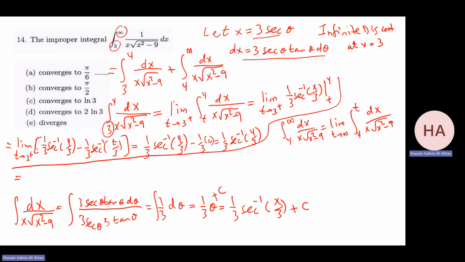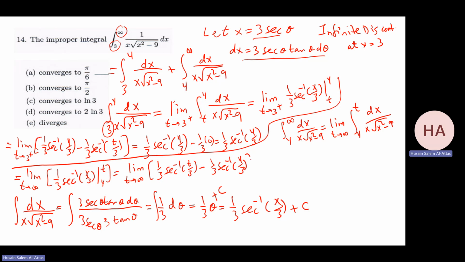That will be the limit as t goes to infinity of this integration, which is 1/3 secant inverse x/3 from 4 to t, and that will be the limit as t goes to infinity, in this case, of 1/3 secant inverse t/3 minus 1/3 secant inverse 4/3.